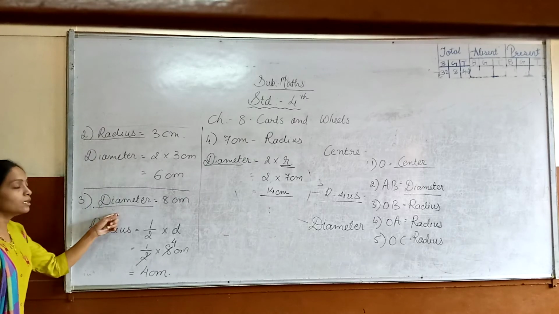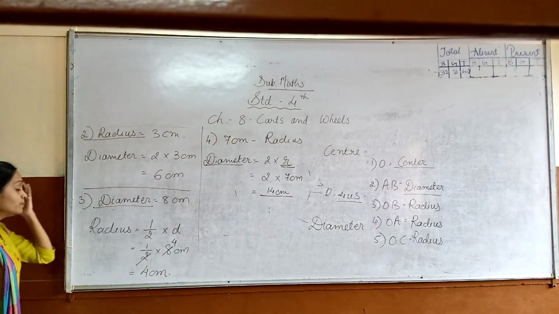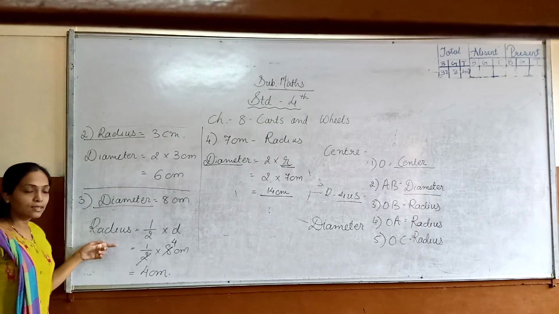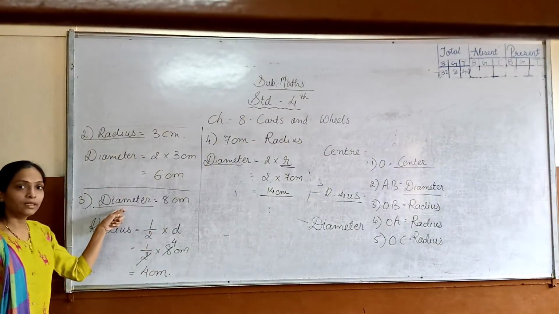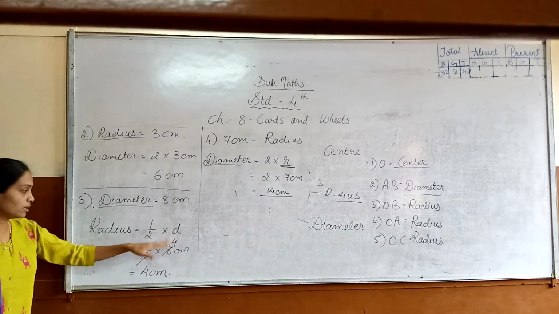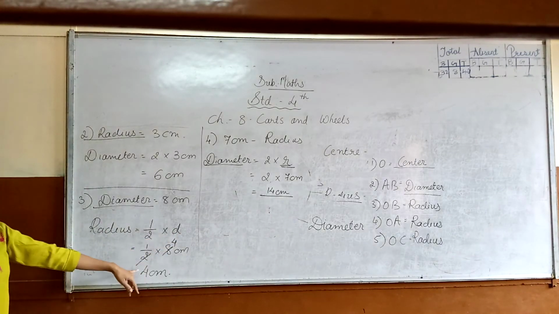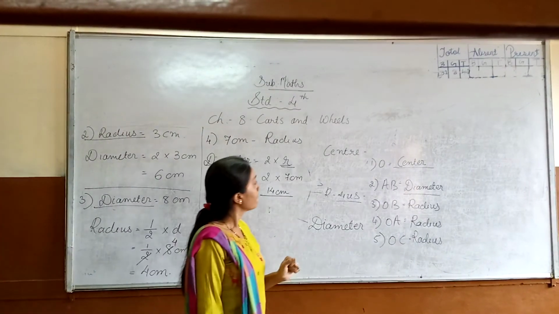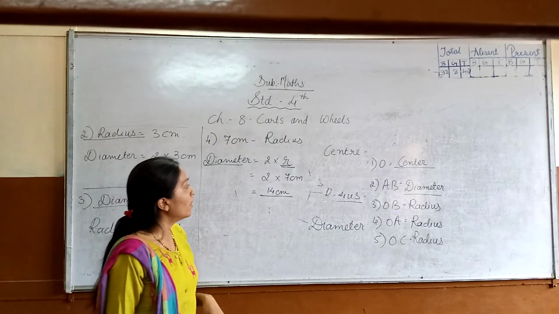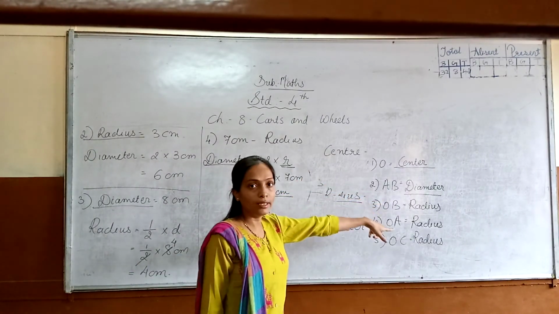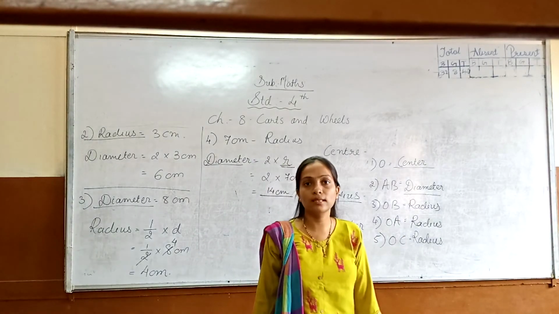And if the diameter is given, we can find out the radius of the circle, half of the diameter. Main parts: center, radius and the diameter.